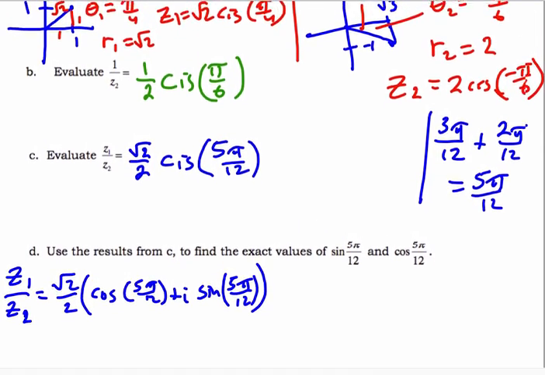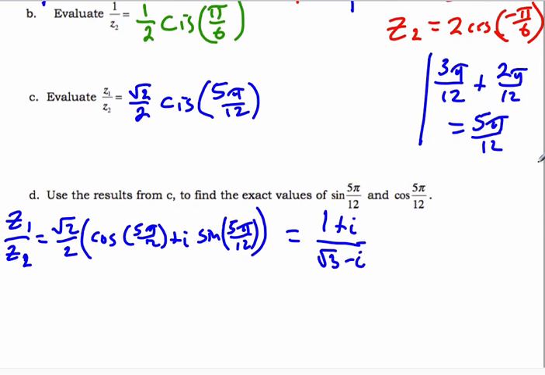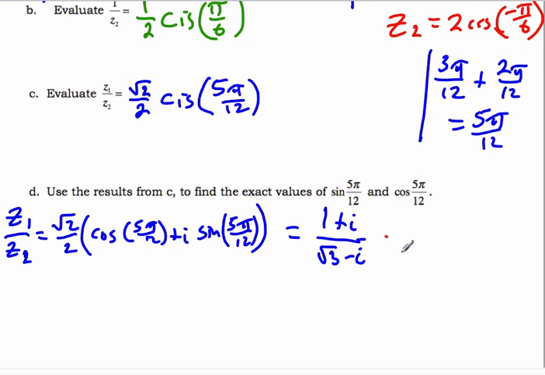Okay, so remember the Cartesian form of the quotient of these two complex numbers would be 1 plus i over root 3 minus i. Okay, if you go back and look at our z1 and z2, this is what they are in Cartesian form. So we need to simplify this, and we can multiply by the conjugate.